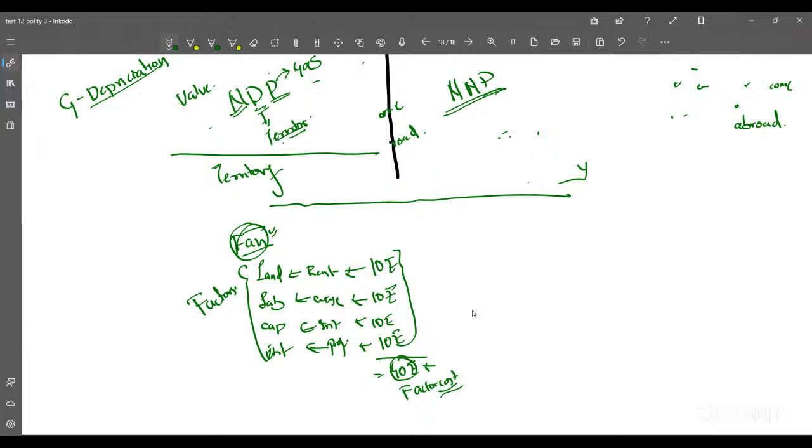Let it be a kg of rice, a small refill pin, a rocket, or a Rolls-Royce car. Everything will have its own share of factor cost. To produce it, there is a cost incurred, and we call that factor cost. Are you getting the point? Is it clear?